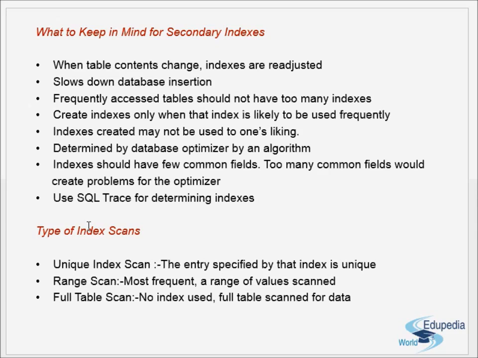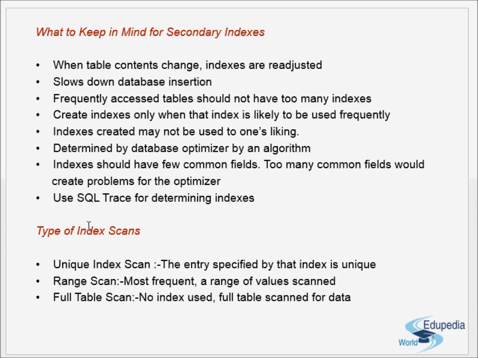Indexes created may not be used to one's liking, as it is determined by the database optimizer by an algorithm, and indexes should have a few common fields. Too many common fields would create problems for the optimizer. Use SQL traces for determining indexes.